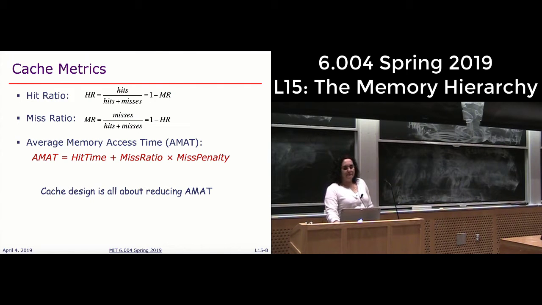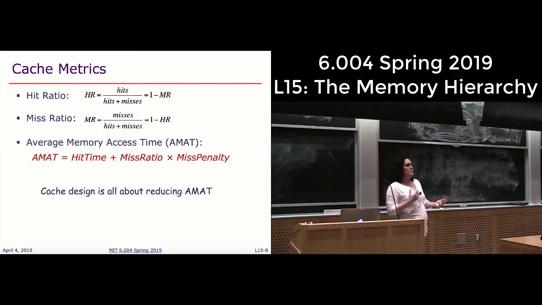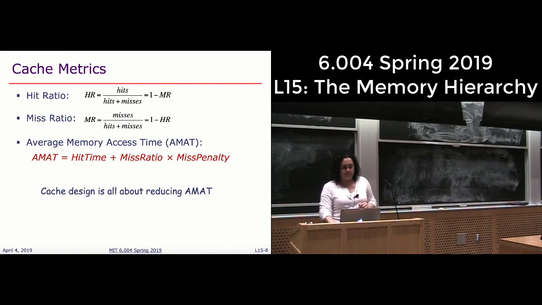If we have a miss, then we pay the hit time, which is the time it first took us to look for it in our cache, and we also pay the time it takes to go to main memory. So we add the miss penalty, the amount of time it takes to go to main memory, times the miss ratio, which is how often we miss and don't find the data in our cache. For the rest of the lecture, we're going to constantly focus on what we want to consider when designing our caches so that we reduce our overall average memory access time.